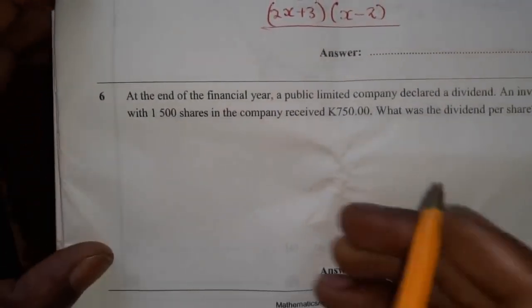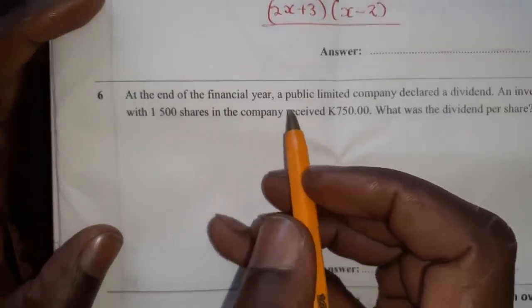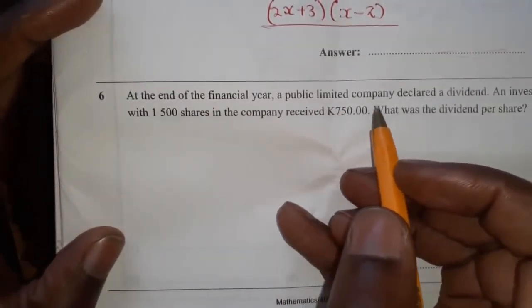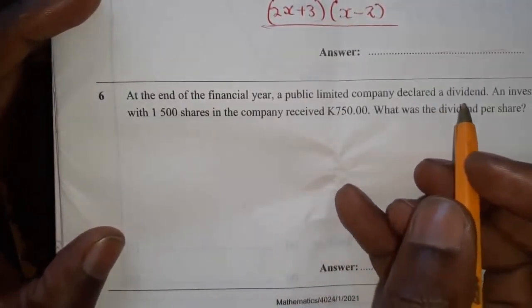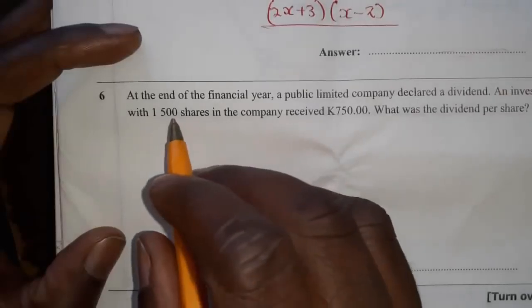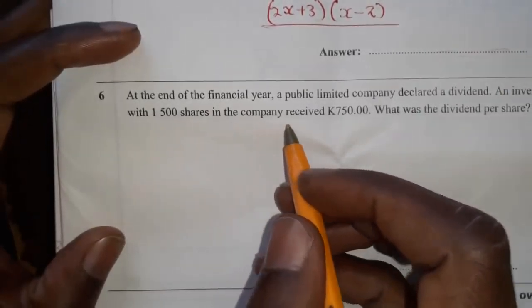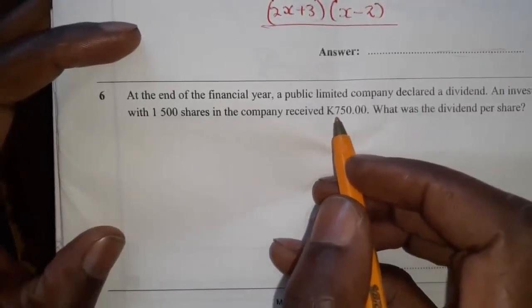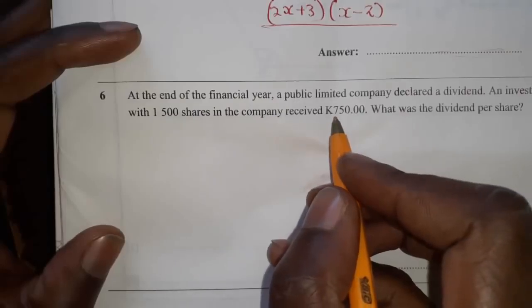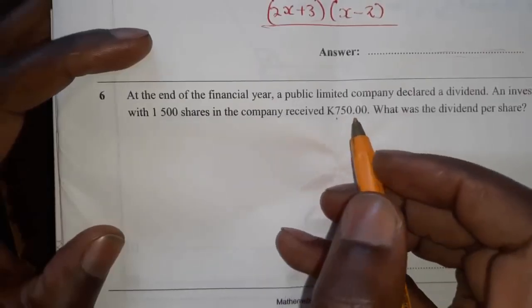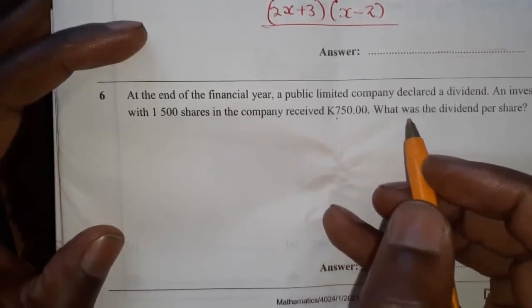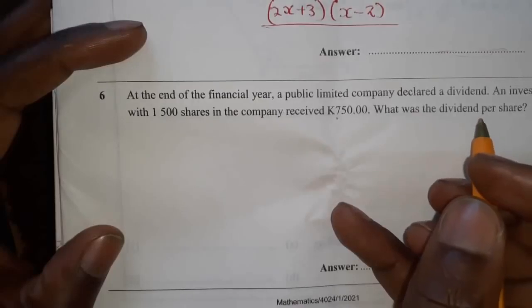Question 6 reads, at the end of a financial year, a public limited company declared a dividend. An investor with 1,500 shares in a company received 750 kwacha. What was the dividend per share?